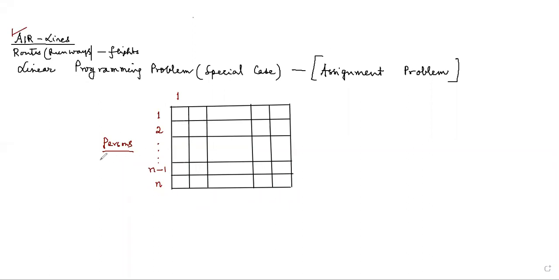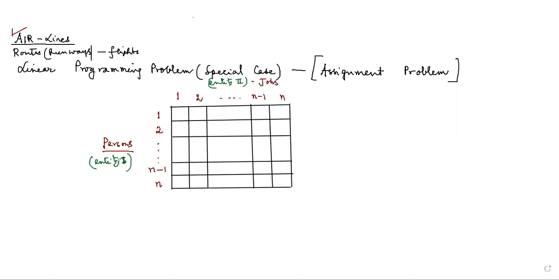So in place of person, you can say entity of characteristic 1 of n different types, and here you can write entity of characteristic 2 of n different types. Now, as a special case, I can consider these entities as, for example, jobs.